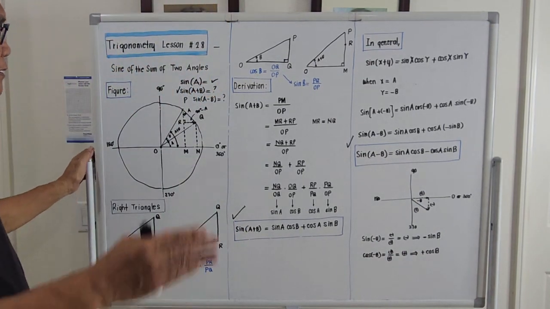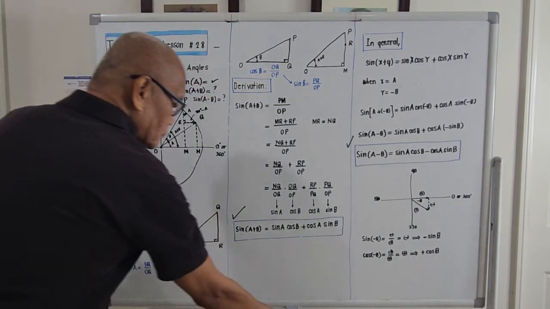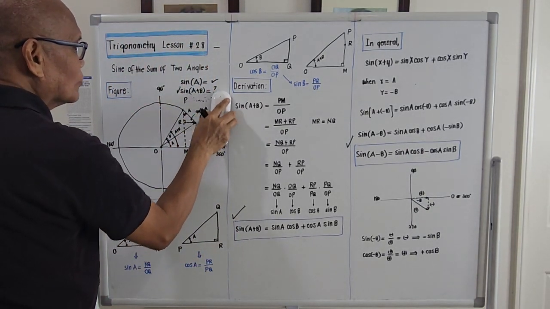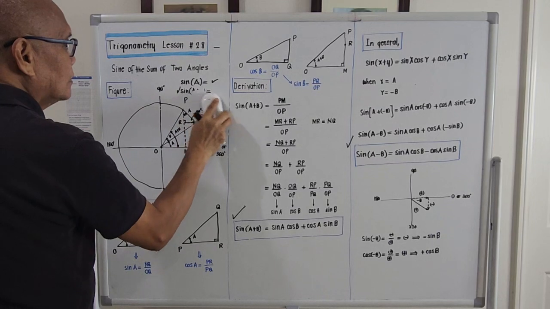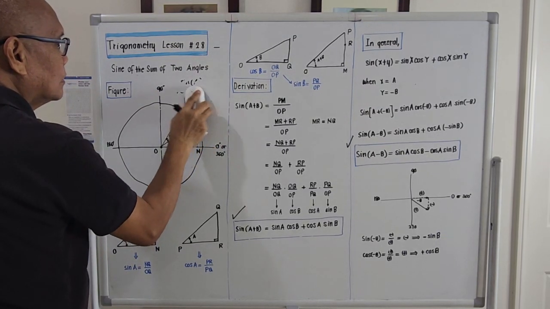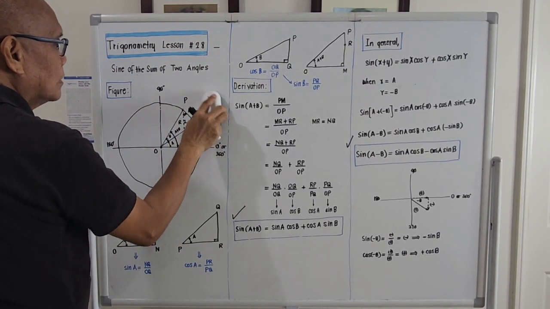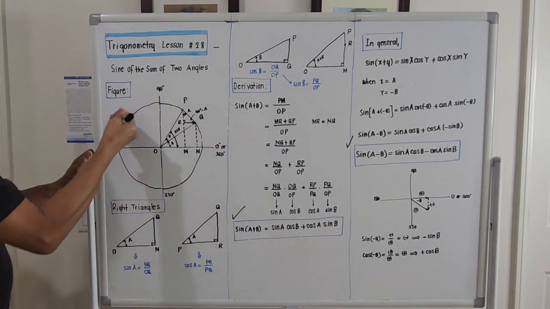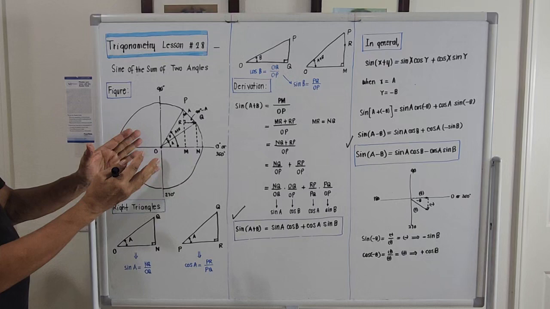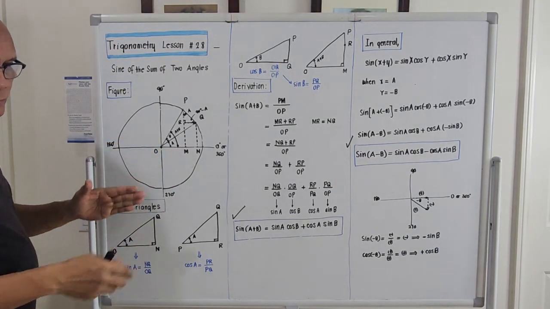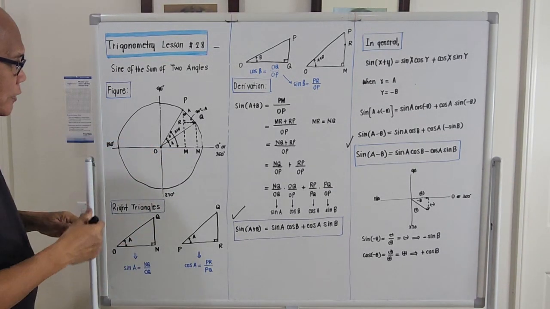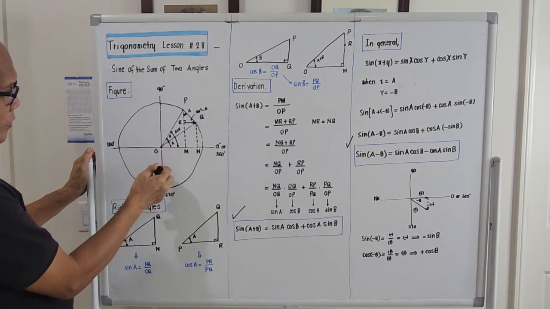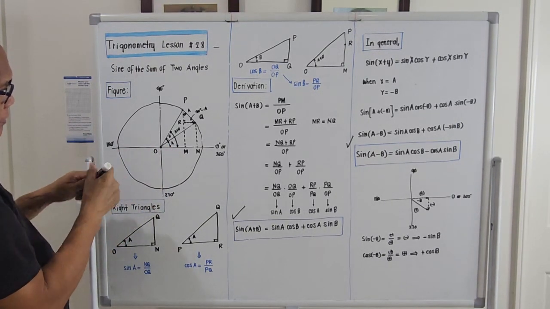Okay, let's proceed with the so-called derivation. I will try to erase this one, so it will look good. We are given a circle here, and we'll try to draw two right triangles. The first right triangle involving angle A will be this.